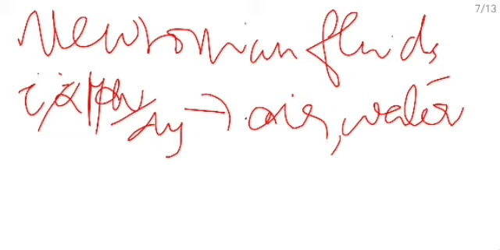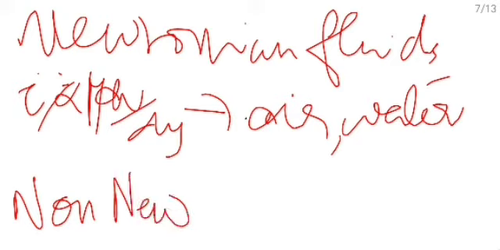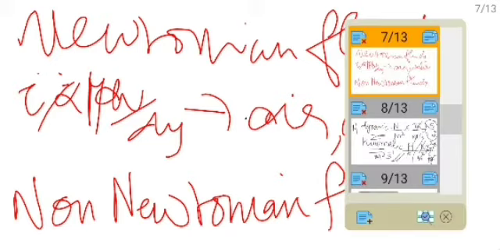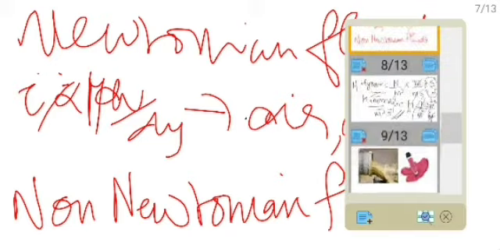And now comes the other category, non-Newtonian fluids. Now we will see some examples. This non-Newtonian category can be further subcategorized. We look into some examples.